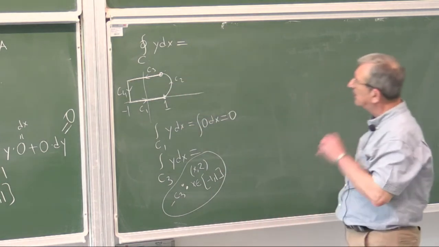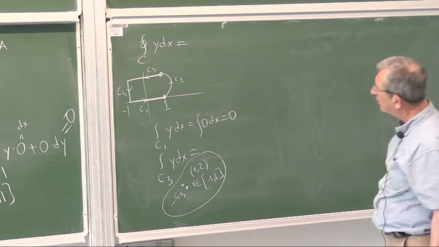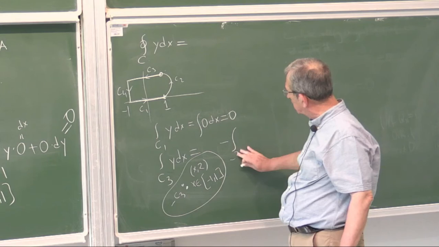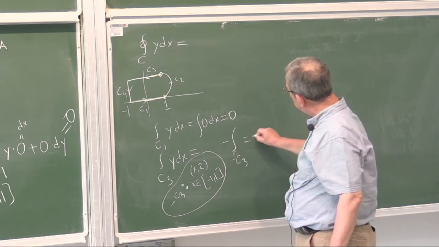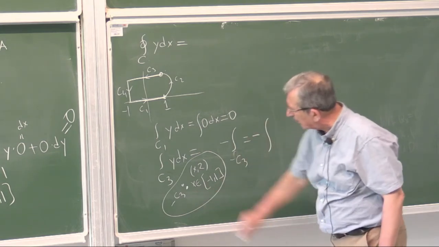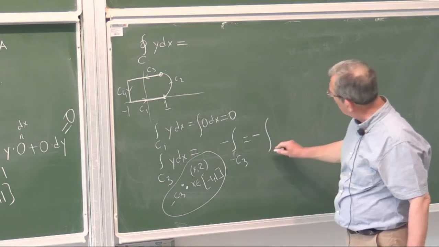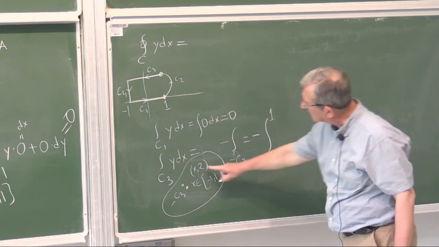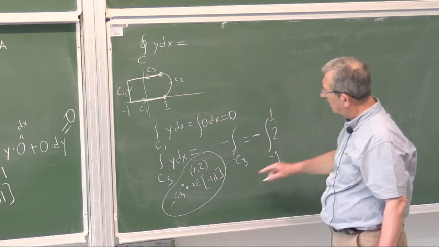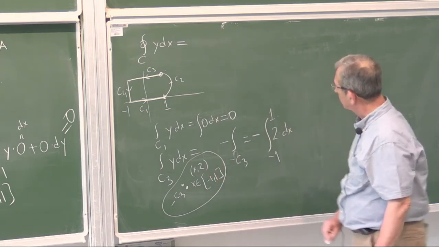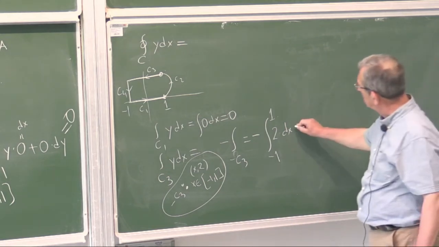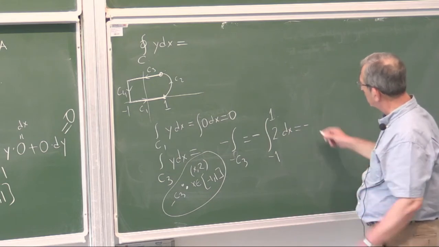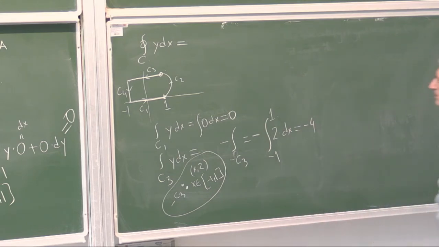That's our x. And y is constant and 2. So this would be the negative of the integral over minus C3, which is minus, now in this formulation, from minus 1 to 1, y is constant and 2, dx is dx. So it is minus 2x, between 1 and minus 1. That gives us minus 4.